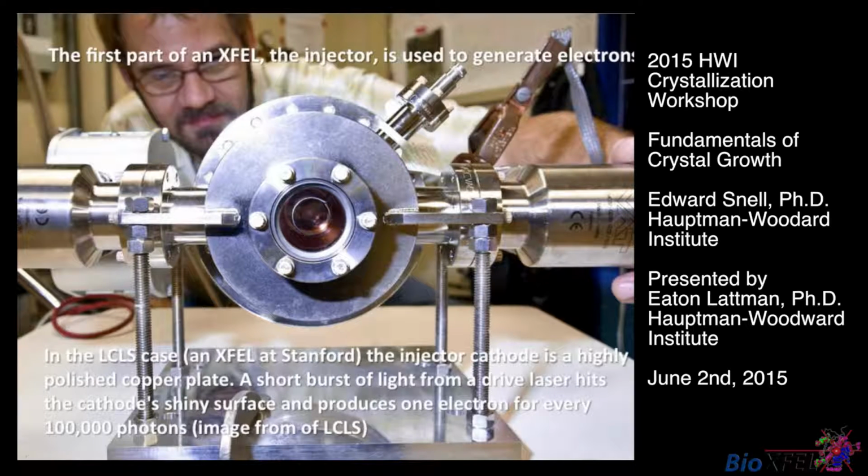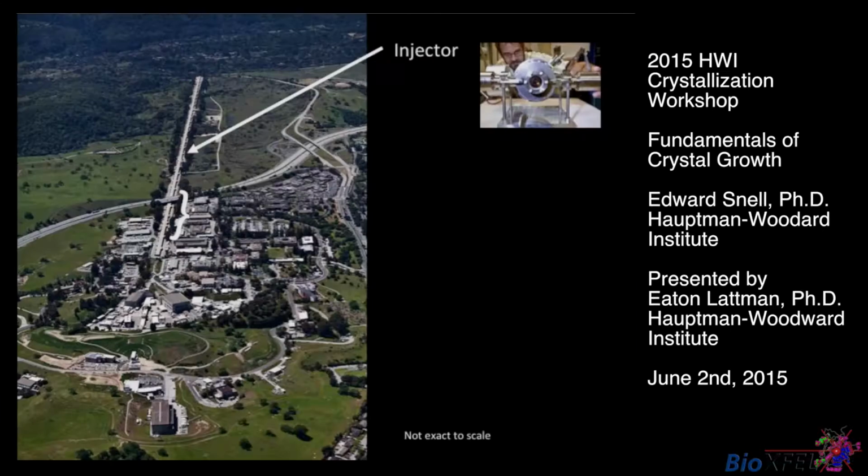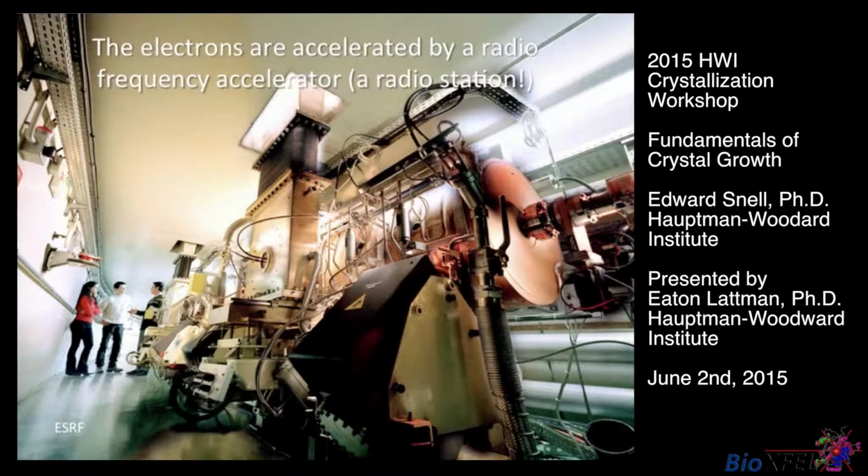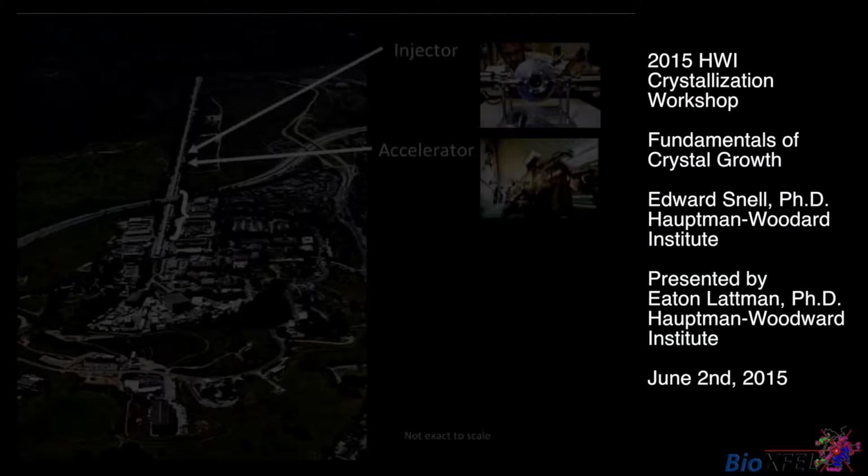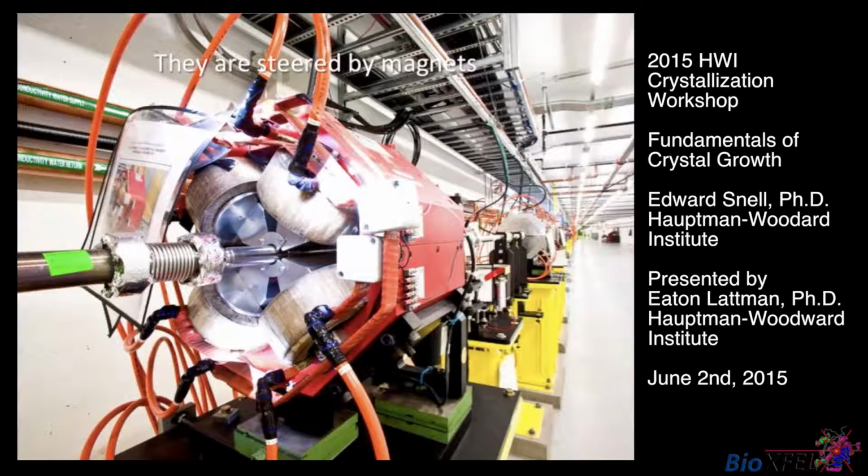This is a section where he goes through the parts of the LCLS that I'm going to go through quite quickly. This is the injector. This is the electron accelerator system, microwave cavities. This is the steering section that organizes the beam and trims it.